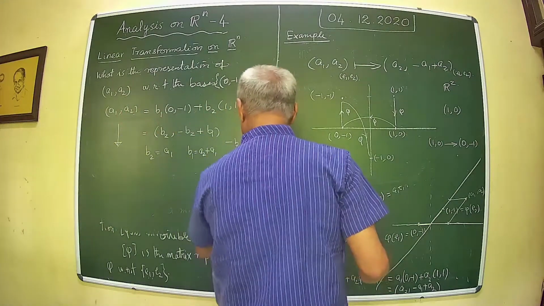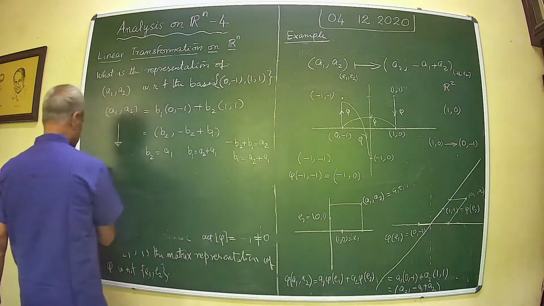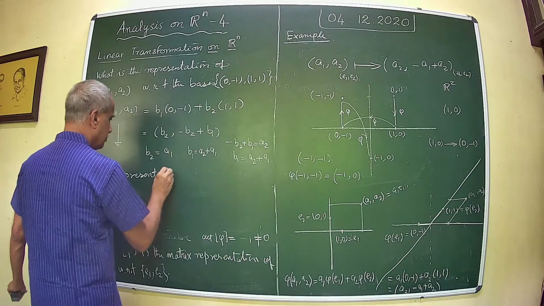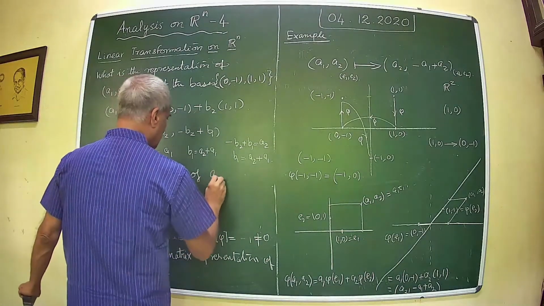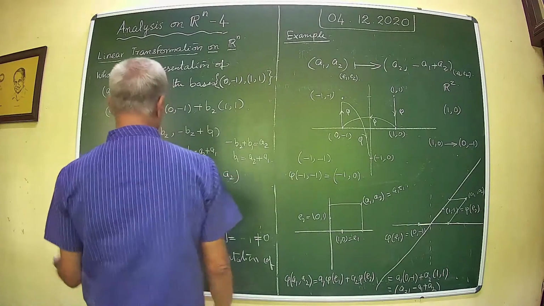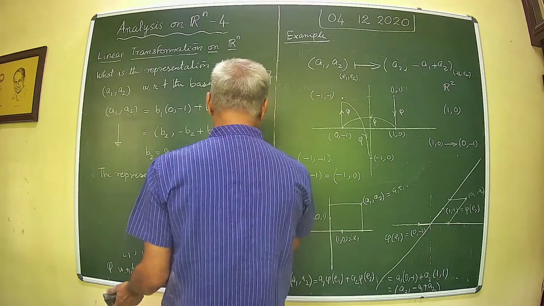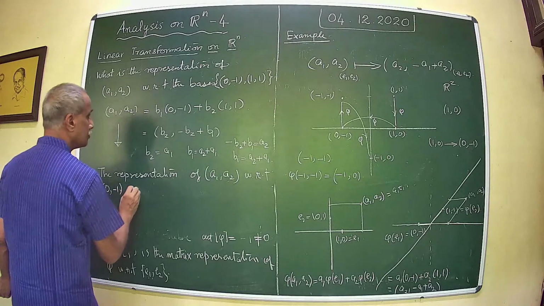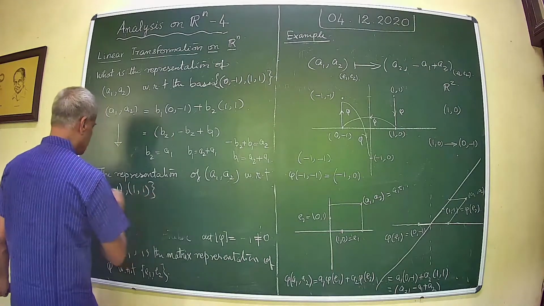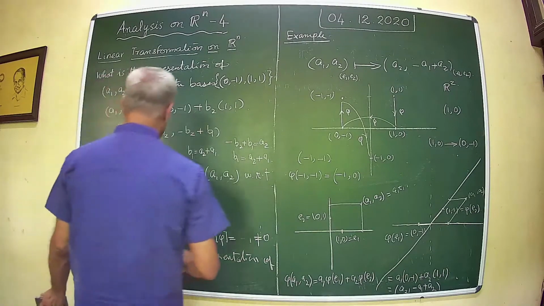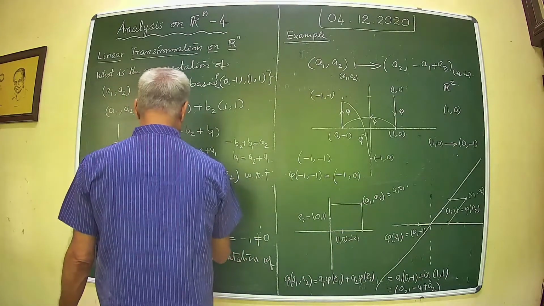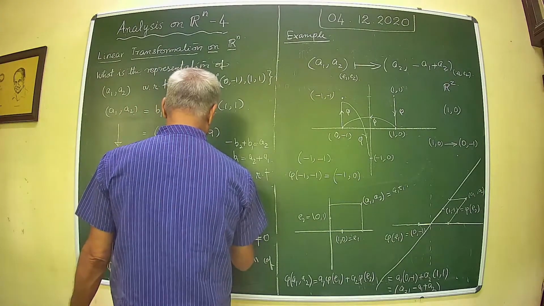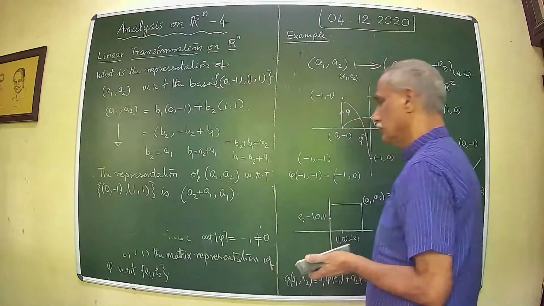So the representation of A1, A2 with respect to the new basis is, okay.